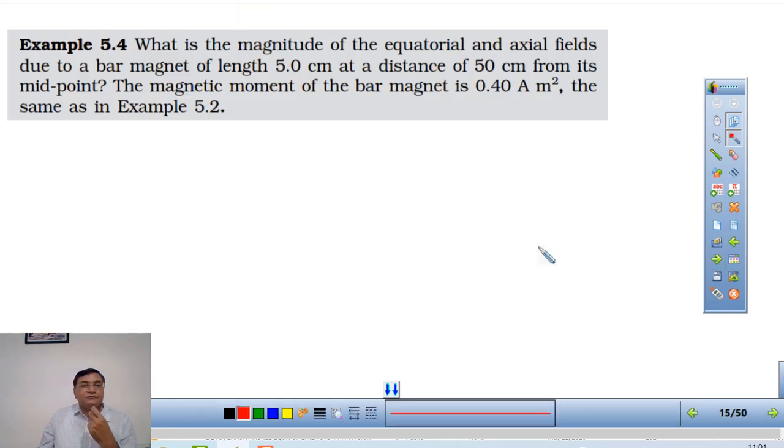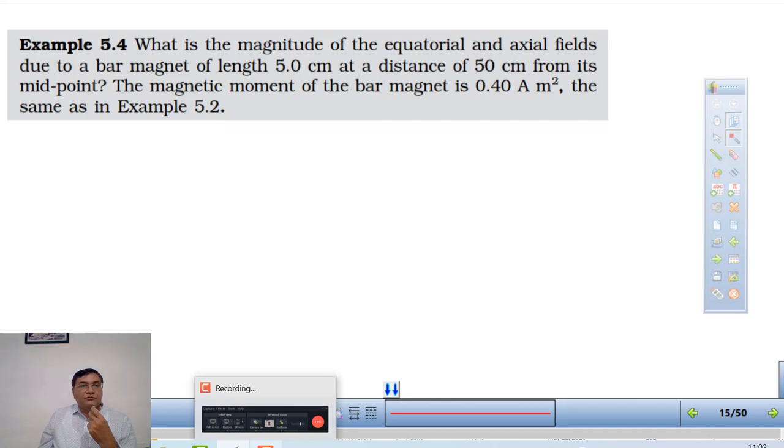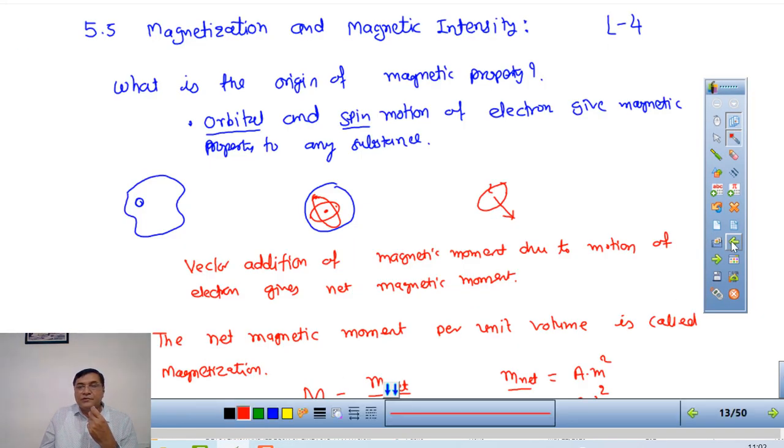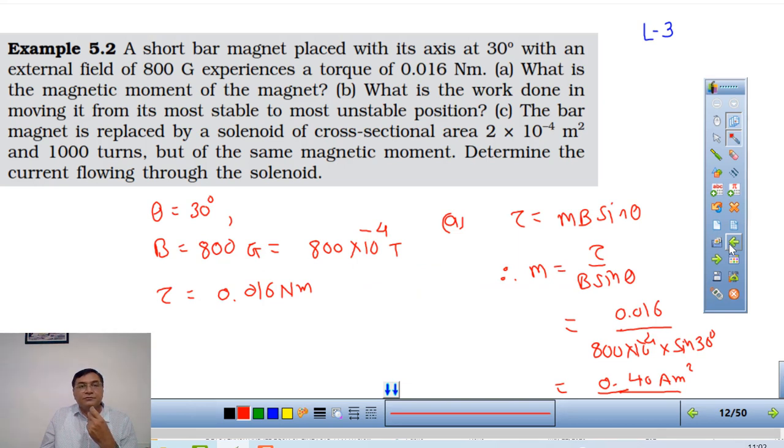What is the magnitude of the equatorial and axial field due to a bar magnet of length 5 cm at distance 50 cm from its midpoint? The magnetic moment of the bar magnet is given the same as in example 5.2.